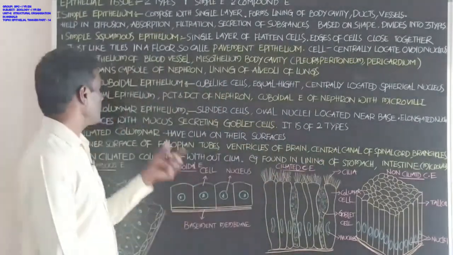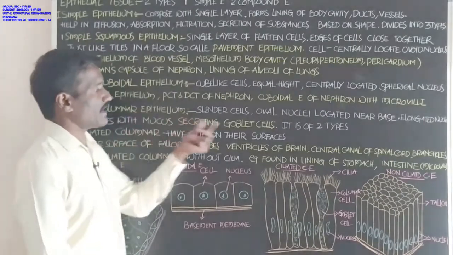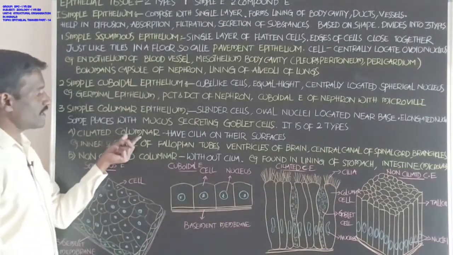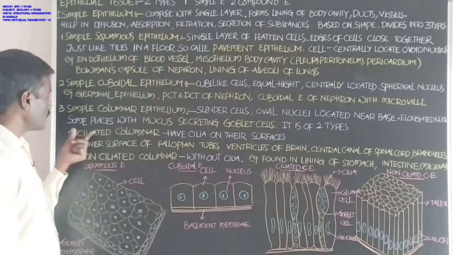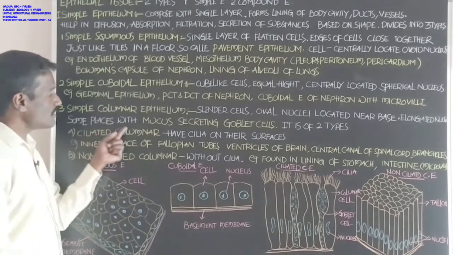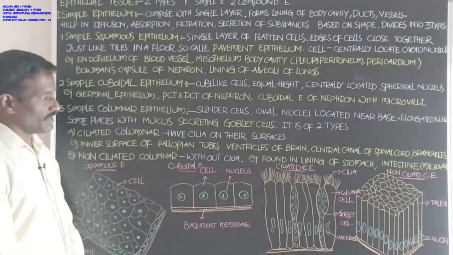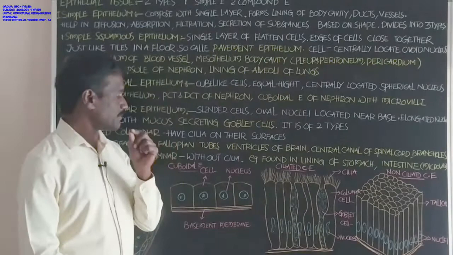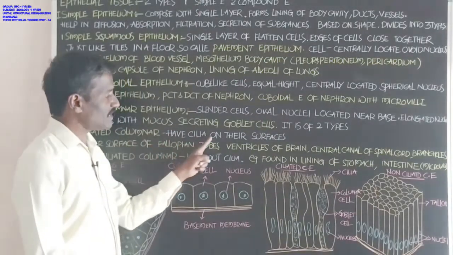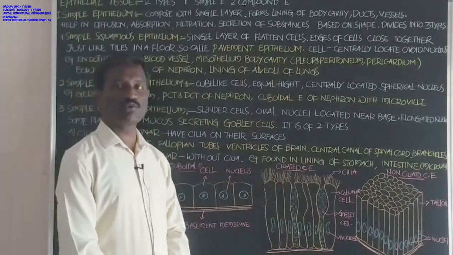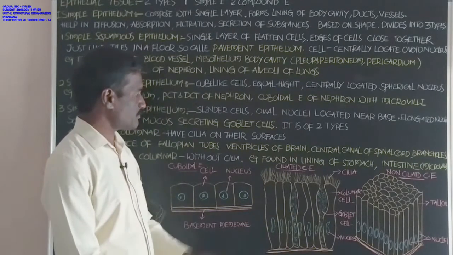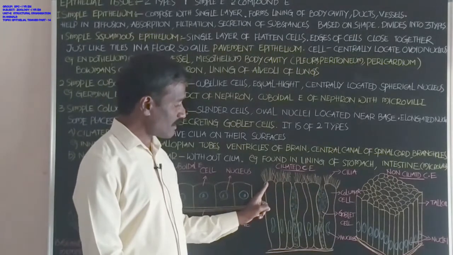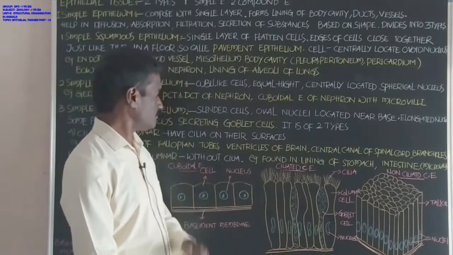And simple columnar epithelium again divides into two types. The first one is ciliated columnar epithelium. Simple ciliated columnar epithelium has cilia on its surfaces. Students, these are the cilia present on the surface of each cell.